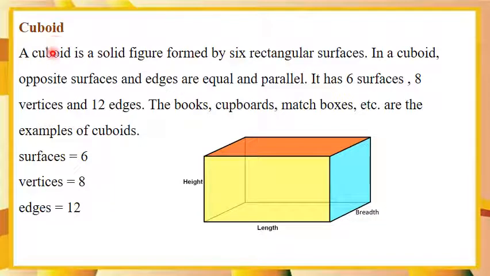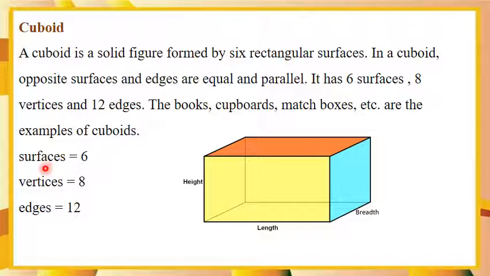Cuboid. A cuboid is a solid figure formed by six rectangular surfaces. In a cuboid, opposite surfaces and edges are equal and parallel. It has six surfaces, 8 vertices, and 12 edges. The books, cupboards, matchboxes, etc. are examples of cuboid.